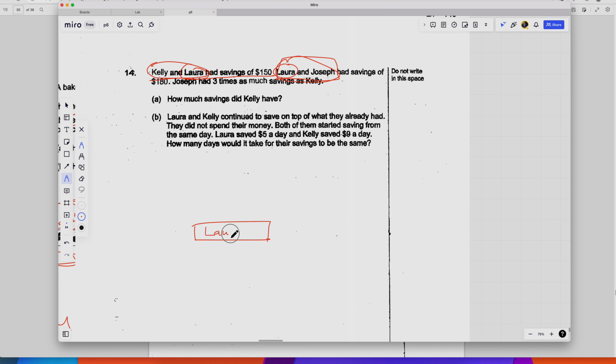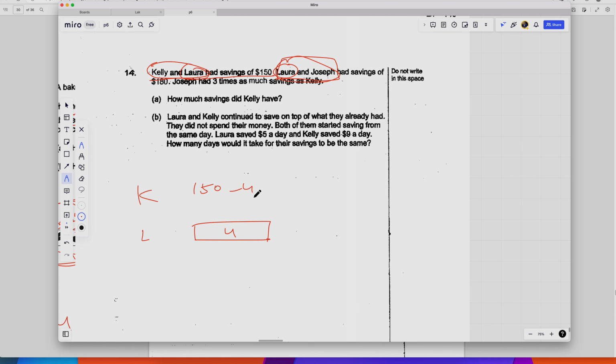Okay, so Laura is U. Then Kelly. So if Laura is U, Kelly and Laura add up to 150, so 150 minus U. Yes, that's how you label.